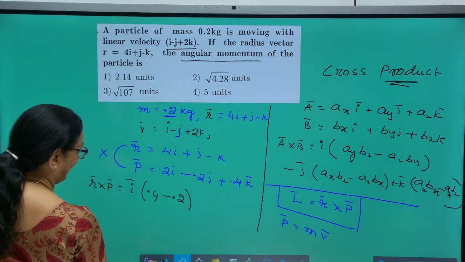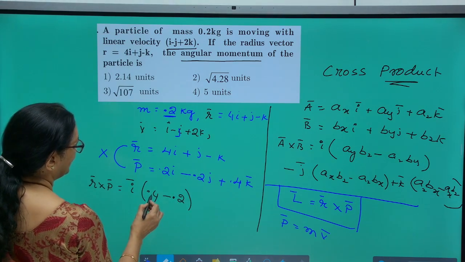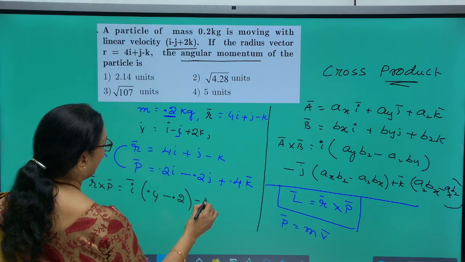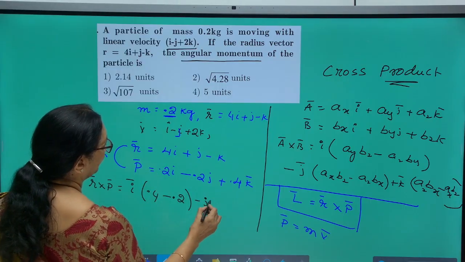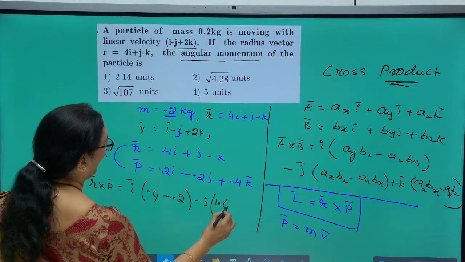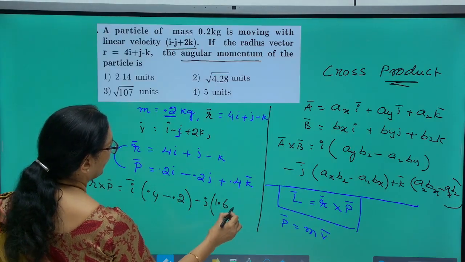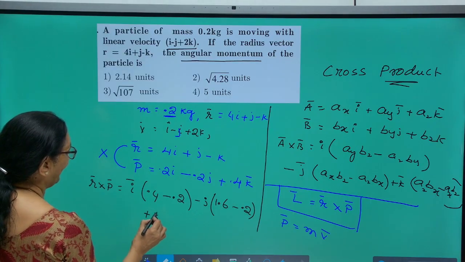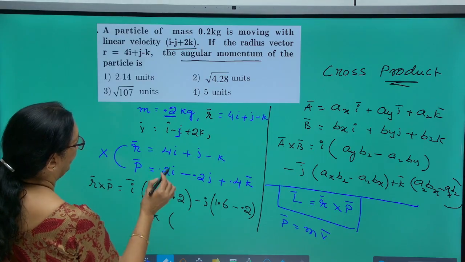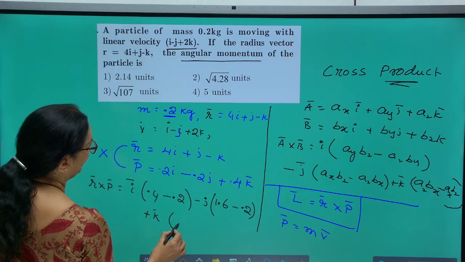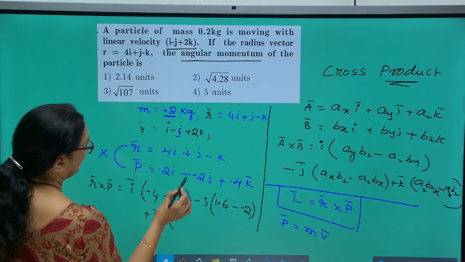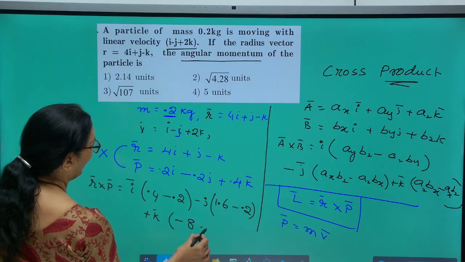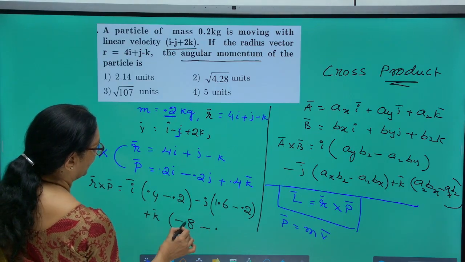So, 0.4 plus 0.2, minus J bar into 4 into 0.4, 1.6 minus minus 0.2, plus K bar into 4 into minus 0.2, that is minus 0.8 minus 0.2.